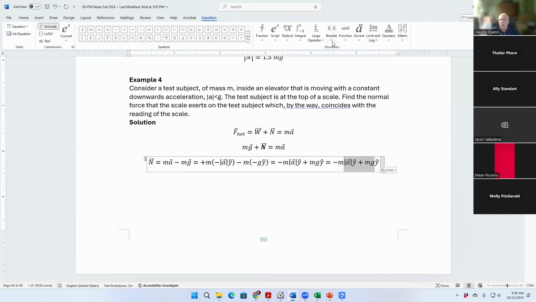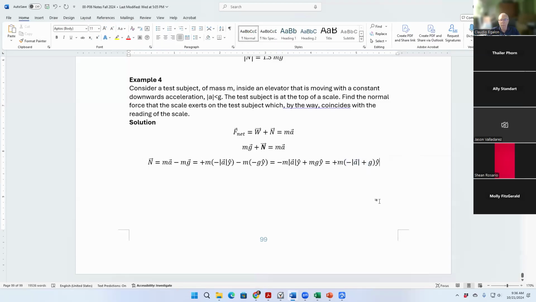Put the parentheses. The m disappears from here because it's in evidence. The y hat disappears from here because it is in evidence. But don't forget, here is going to be a positive sign and this one is a positive sign. The negative sign ends up here. Okay?